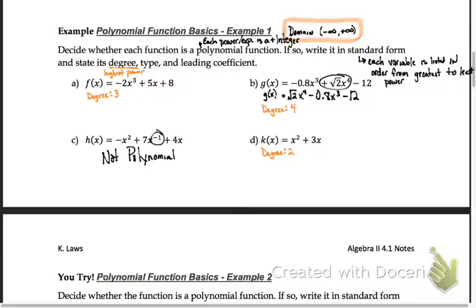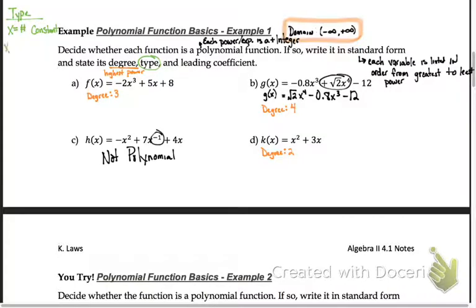So we've figured out, first of all, if it's a polynomial. Now we figured out if we have it in standard form. Okay? The next thing is to write the degree of whatever our highest power is. Then the next part is what type of polynomial function do I have? Okay, so I would write over here off to the left, whenever I have the type, if I just have x equal to a number, that's just what's going to be called a constant.